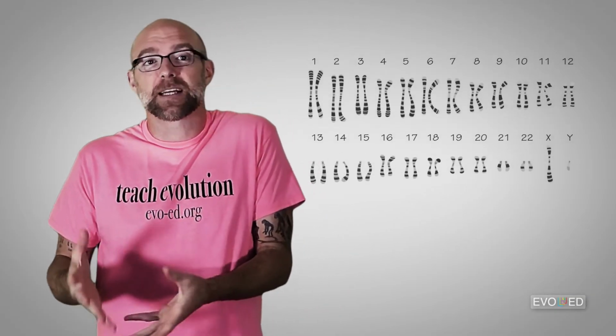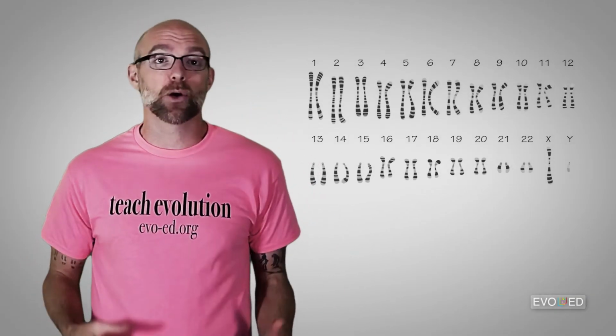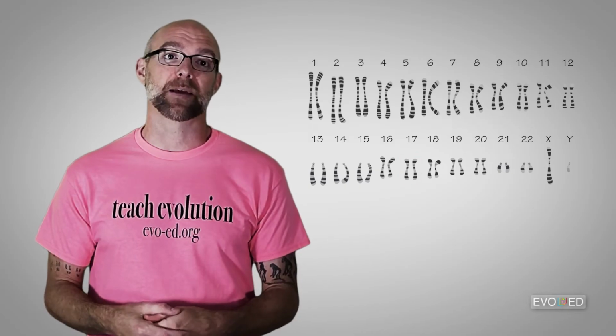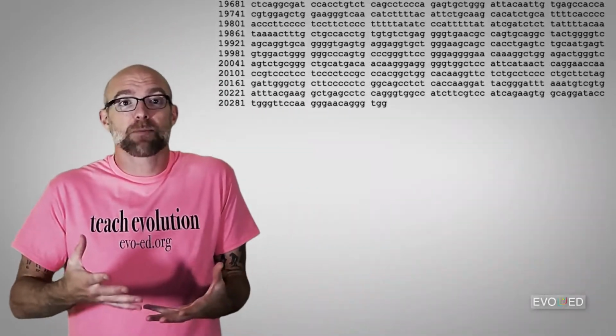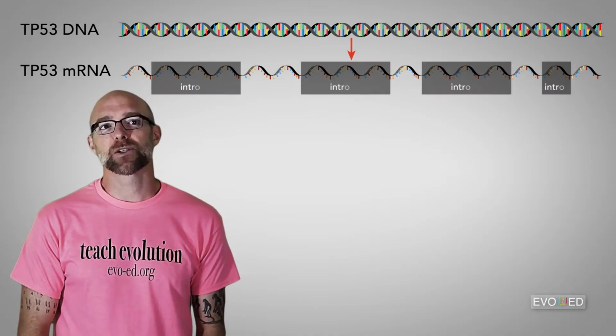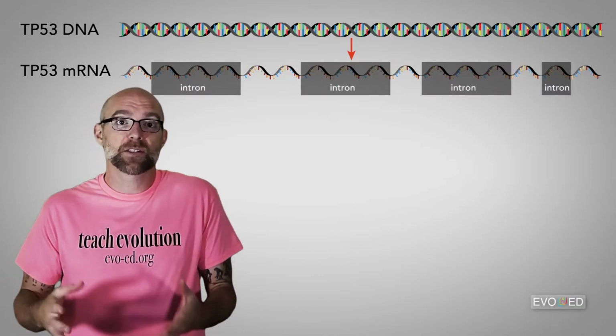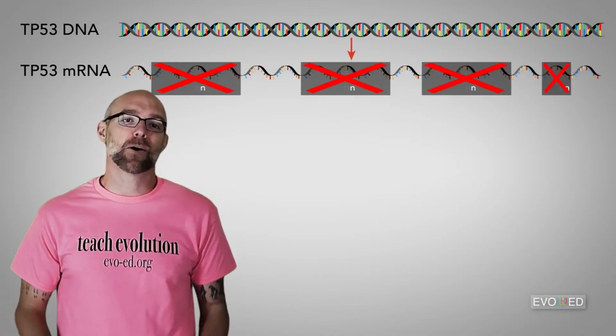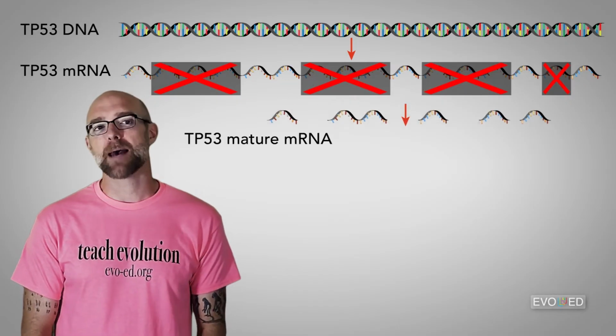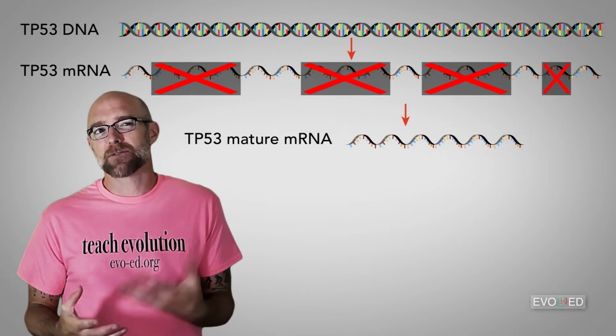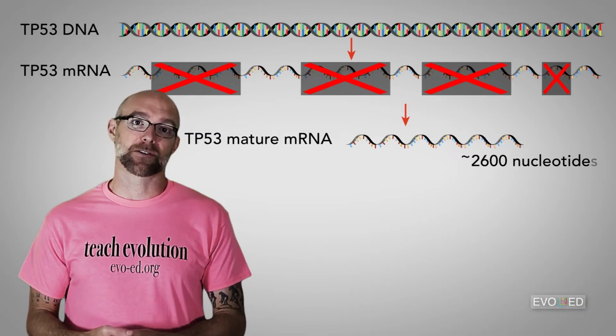I already mentioned that the TP53 gene is located on chromosome 17. The gene itself has more than 20,000 nucleotides. But as with most genes, most of these nucleotides are located in intron regions. Once those introns are spliced out, the resulting mature mRNA strand has about 2,600 nucleotides in it.